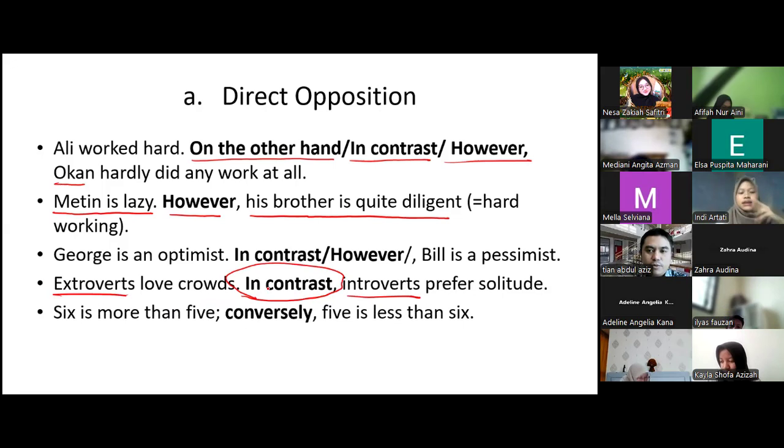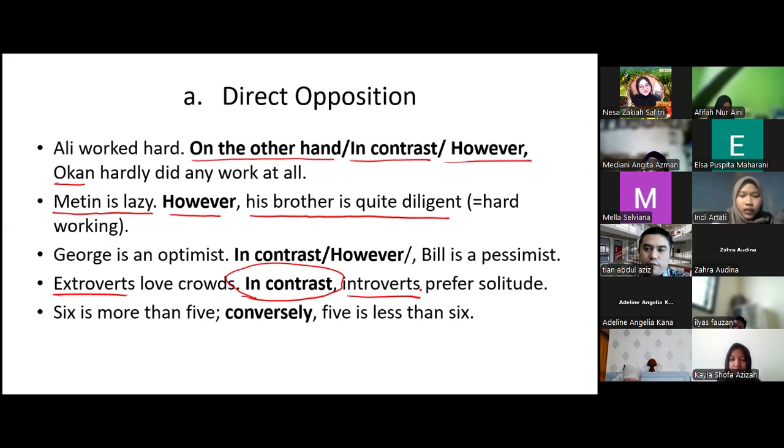Okay, continue, Adeline. 6 is more than 5. Conversely, 5 is less than 6. Okay, thank you, Adeline.